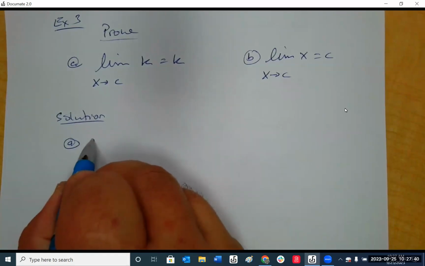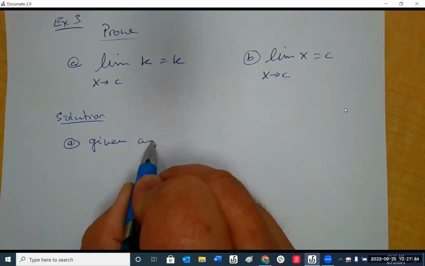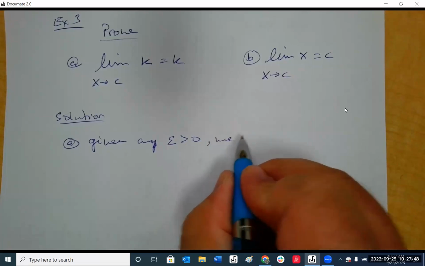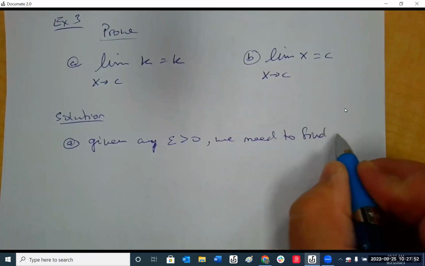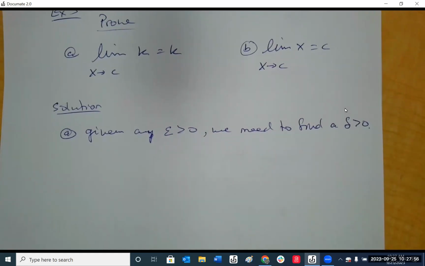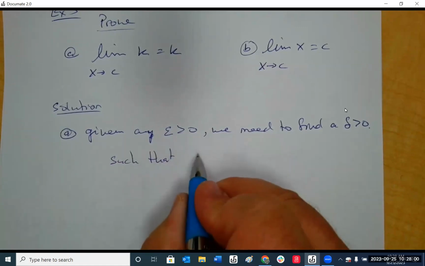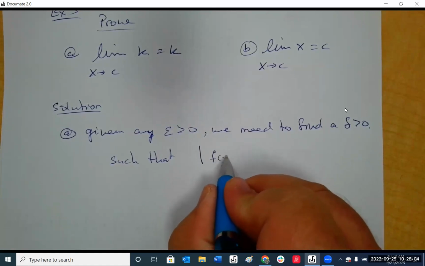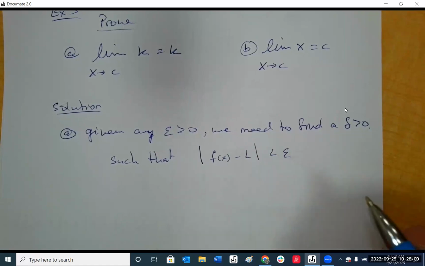Again, given any epsilon greater than 0, we need to find a delta greater than 0 such that absolute value of f of x minus L is less than epsilon.